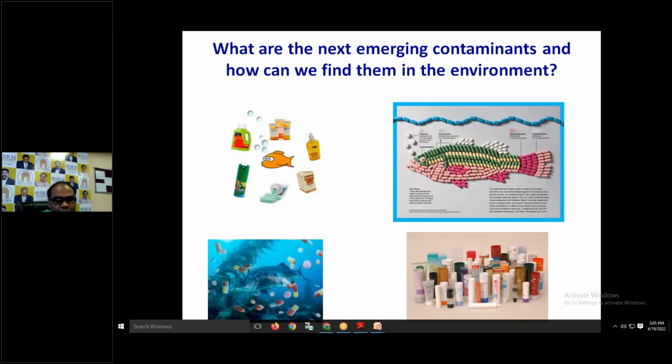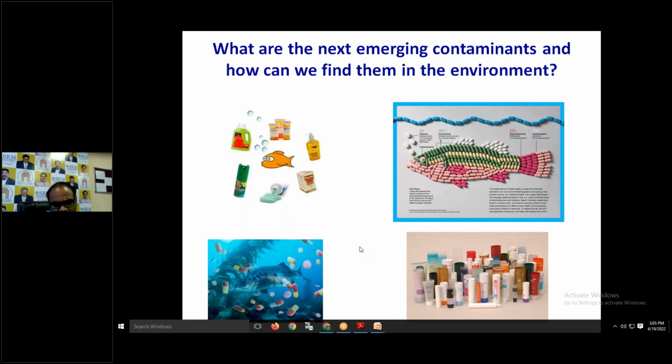This is a big question nowadays. Many contaminants are there in the environment, and how do we know their presence and how much quantity is present? For that, what are the different sophisticated techniques we are using, and how we are using the procedure and methodology, that I'm going to show today.